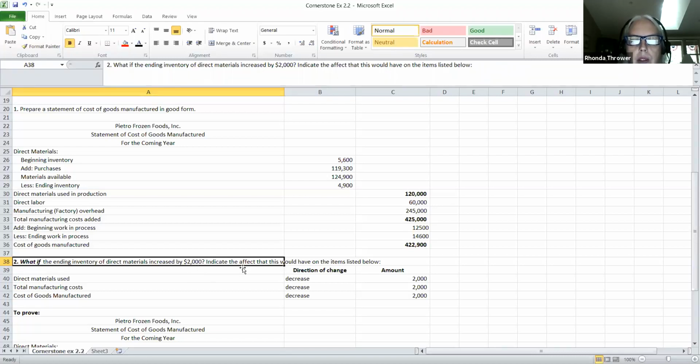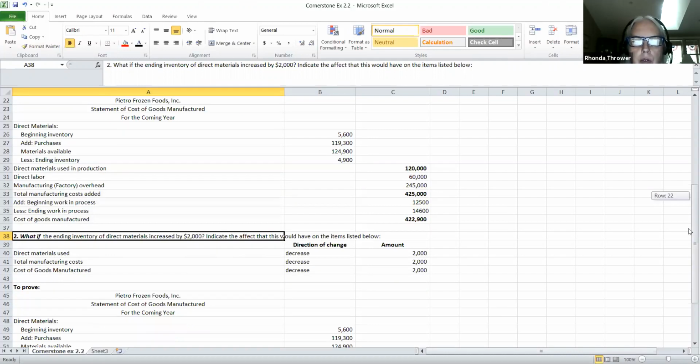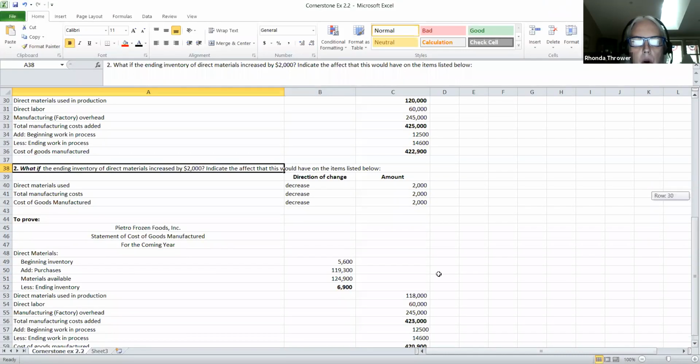What effect would this have on the direct materials used, the total manufacturing cost, and the cost of goods manufactured? And what it will do is your direct materials, as well as your total manufacturing cost and your cost of goods manufactured, will all decrease by the amount of $2,000. On the spreadsheet, I've shown you how that would work.